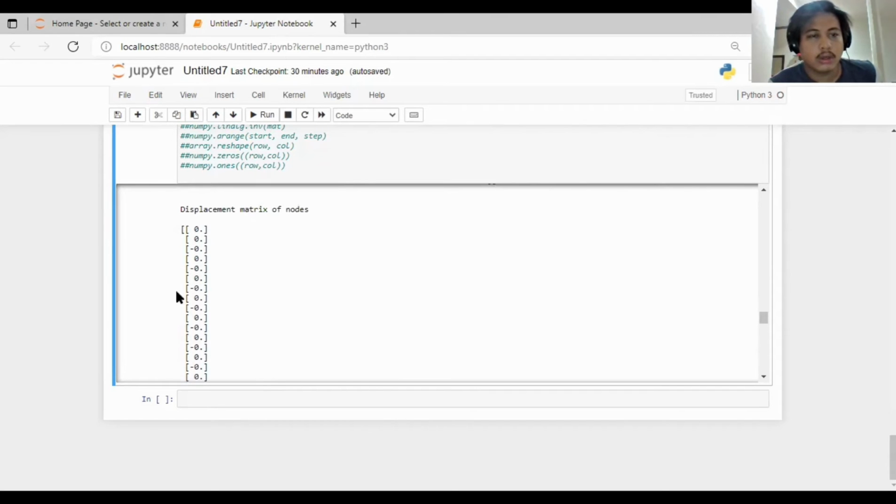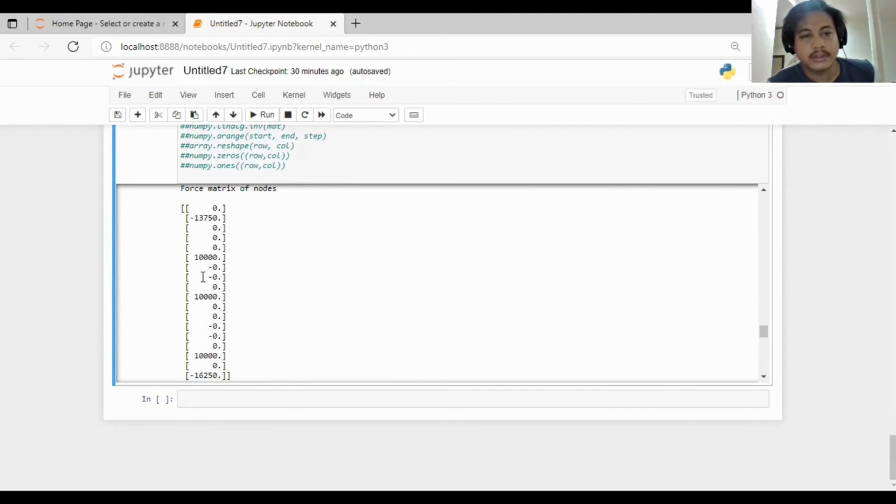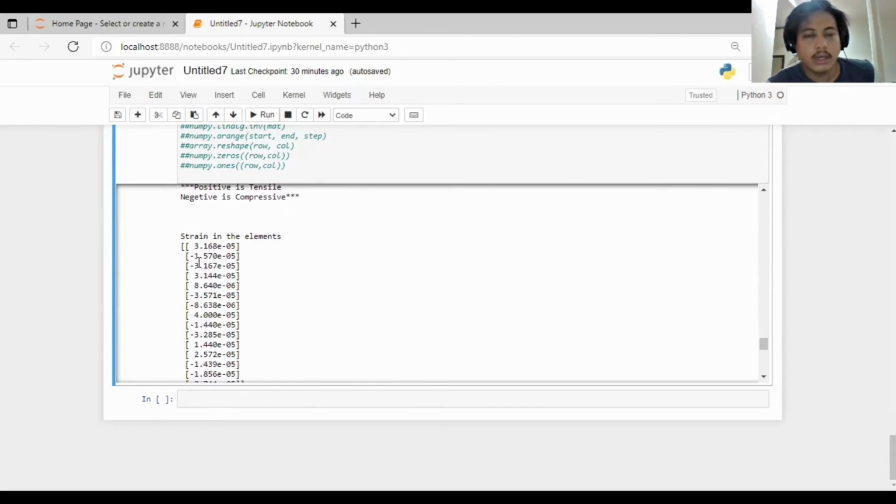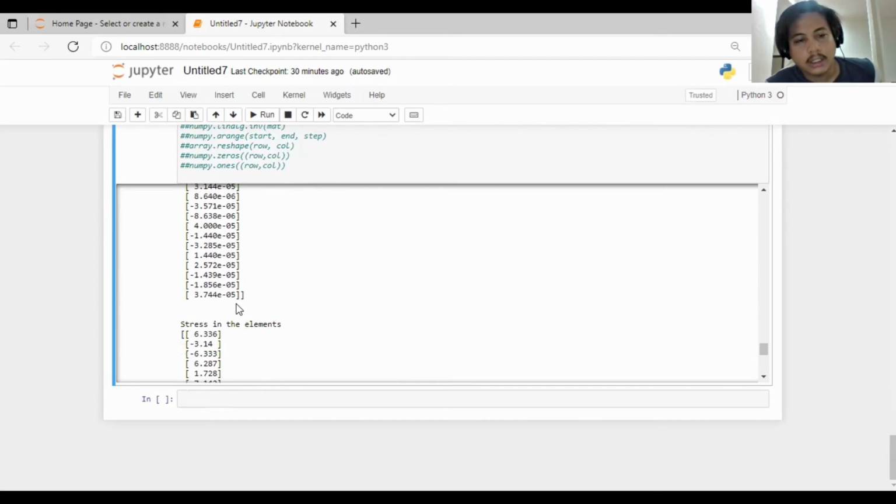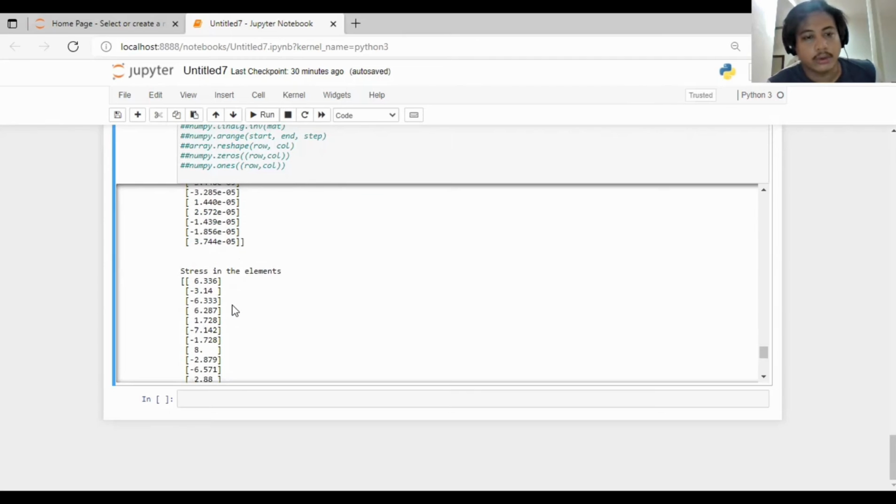We get 0, 0, 0, minus, and so on. First, this is a force matrix of nodes. We have 15 samples for the matrix of nodes. After that, we get the strength in the elements from 3,168 until 3,744.